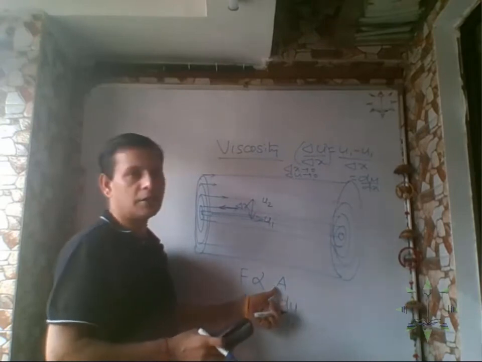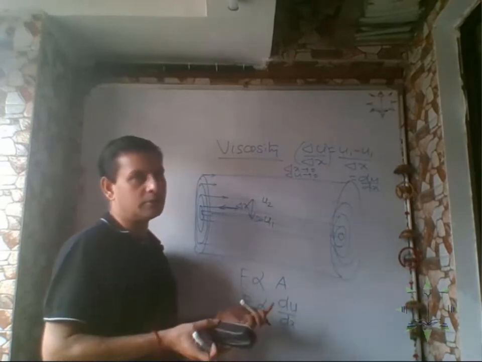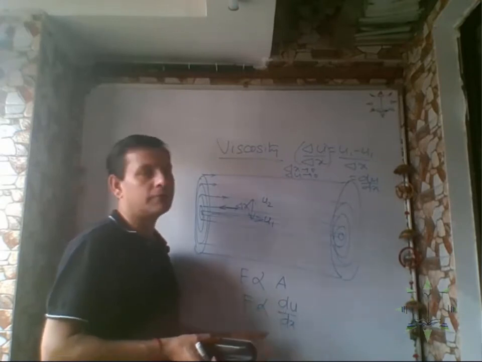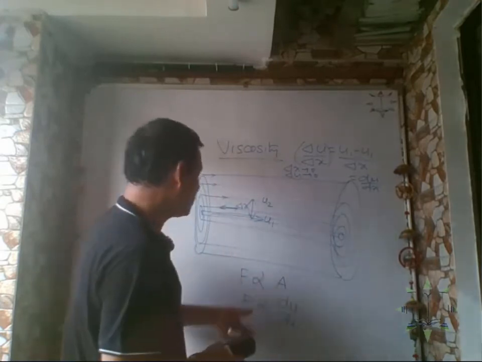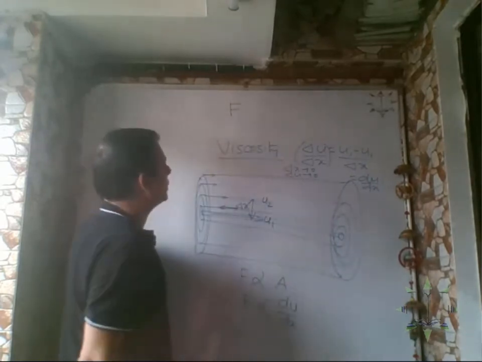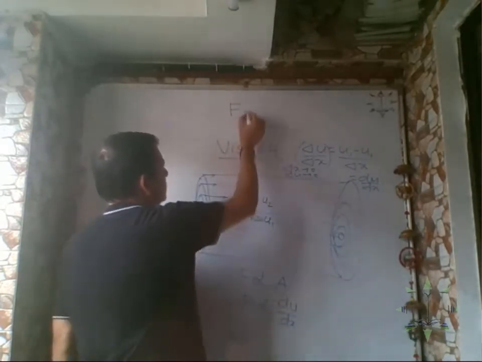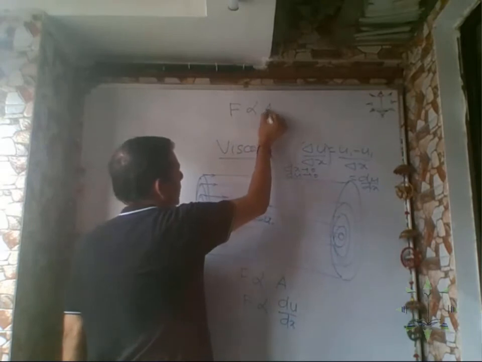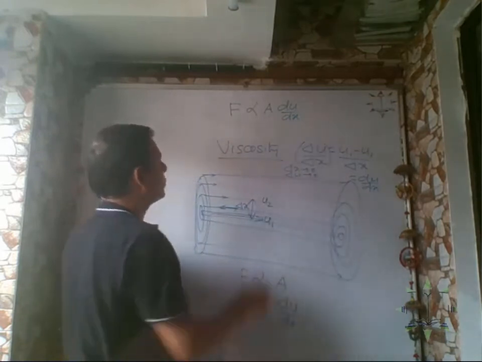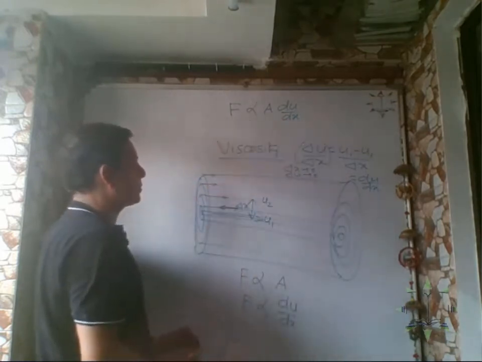It depends on the area of cross section. Higher is the area, higher will be the viscous force, and it is also proportional to the velocity gradient. So if we combine both, then we can say that the viscous force is proportional to the area and the velocity gradient.